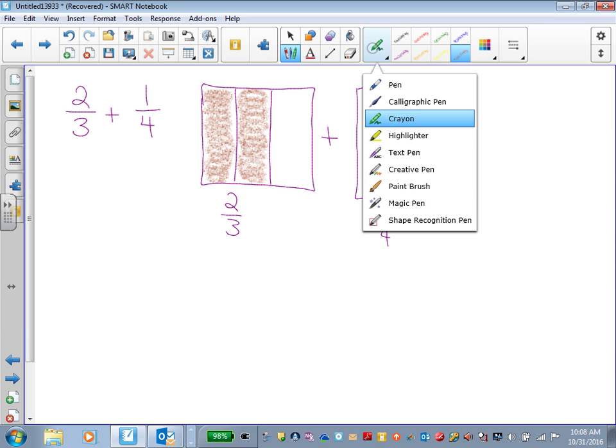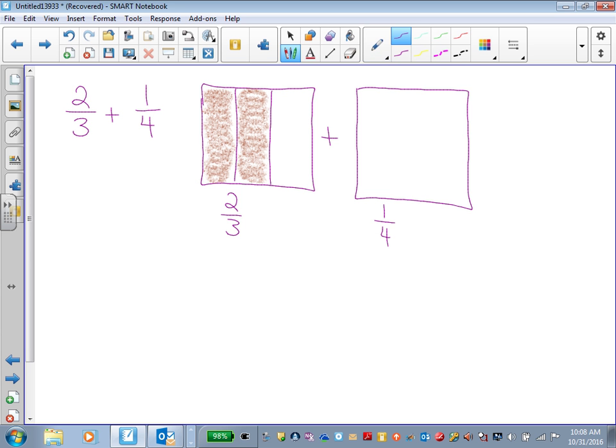All right, Brandy, what can I do for 1/4? You can draw... Okay, so I want to stick with just horizontal because I did vertical here.